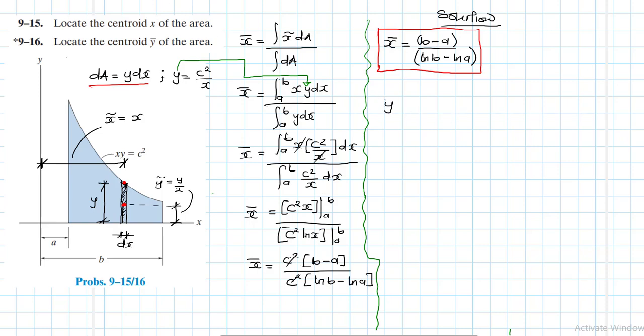So y bar is equal to the integral of y cubed dA divided by the integral of just dA. We've already found this total area, the integral of dA, and it's equal to c squared times ln b minus ln a.